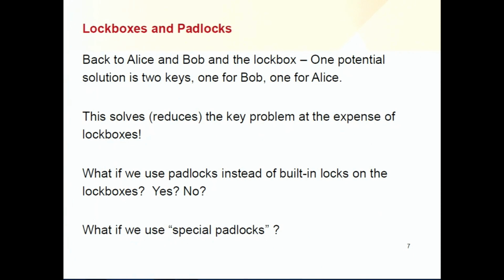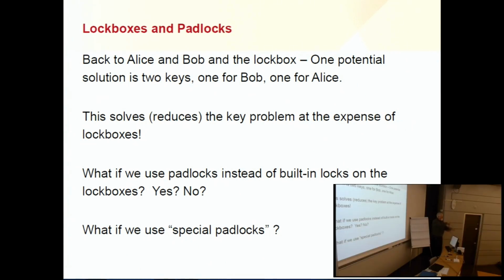Well, does that solve the problem? And in some sense, it does solve the problem a little bit, but the problem we run into is, this is where the analogy breaks down. Because in the encryption case, if we encrypt something, and then encrypt it again with another thing, it's not reversible.